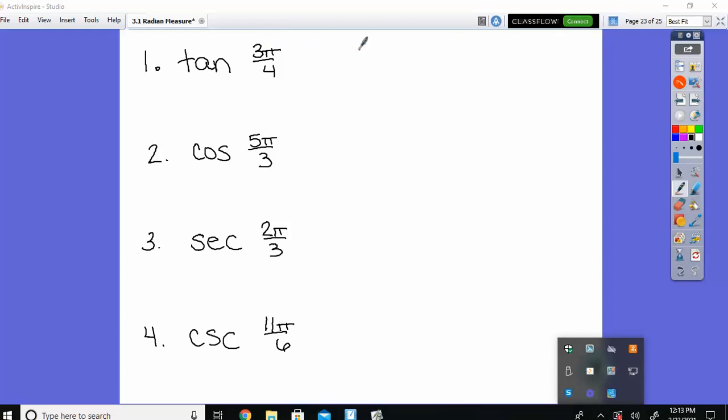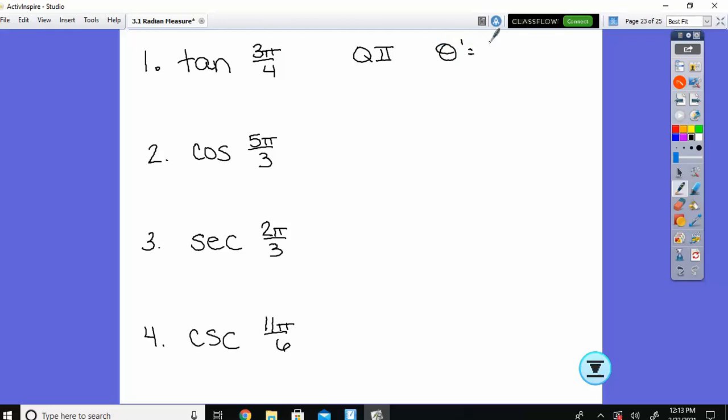If the numerator is 1 less, that's quadrant 2. Reference angle, I told you basically just ignore the number on top, so it's just pi over 4, which if you think about it is 45 degrees. That helps you. In quadrant 2, all students, sine is positive, so tangent would be negative. Tangent of 45, radical 2 over radical 2 is 1.